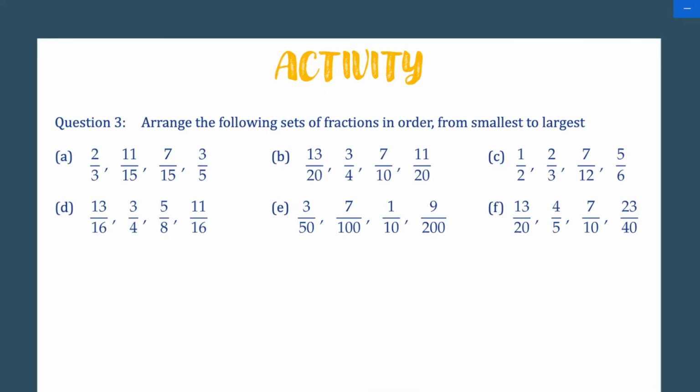This one is very similar, so take your time. 15, 3 times 5, and 5 times 3. Okay, pause the video and do the work. Good luck.